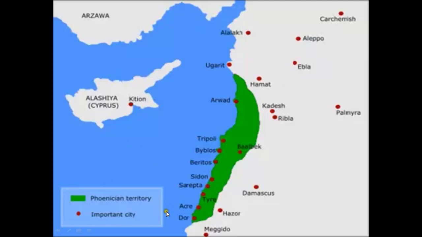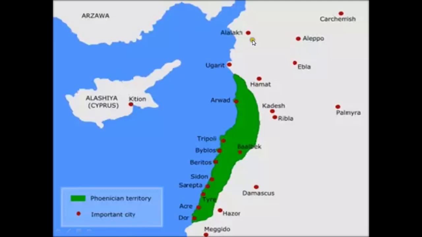Now the further part, where we are going to see the Phoenician territory, the land that was under the control of this Phoenician Empire. This green part of the land, which we can see on the map, is the Phoenician territory, and some of the important cities are mentioned here with red marks.